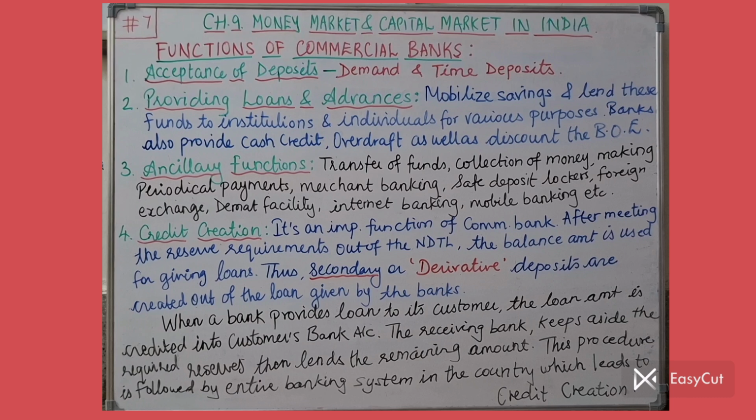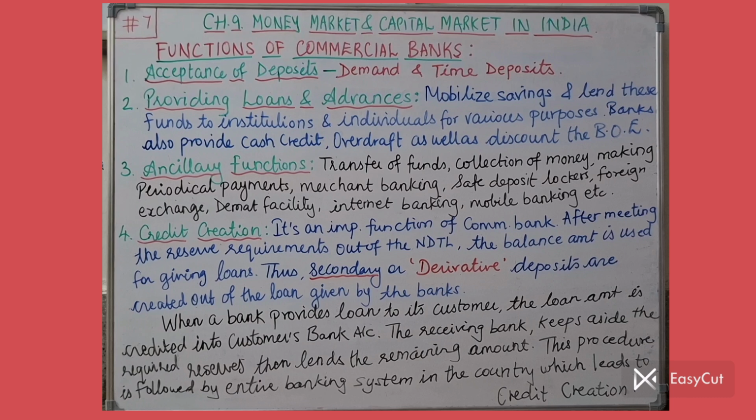So on the basis of primary deposits, that is demand and time deposits, after keeping aside the reserves, the bank is giving loans and advances. This is the first level of credit creation, which is directly done by the bank.